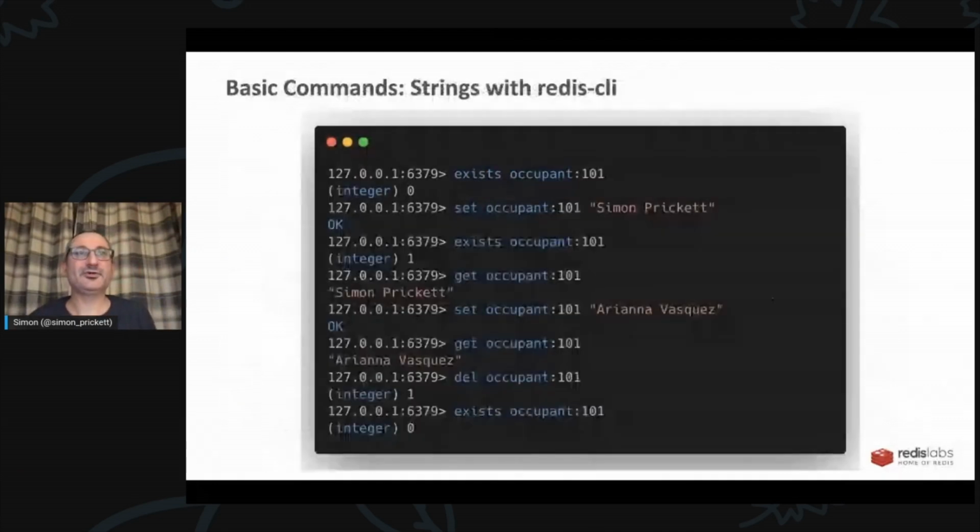So how do we do some very basic commands with the Redis CLI? Let's assume that we are modeling some sort of hotel problem, and we want to know who's in our rooms. We're going to have a key for each room, using the name occupant : room name.